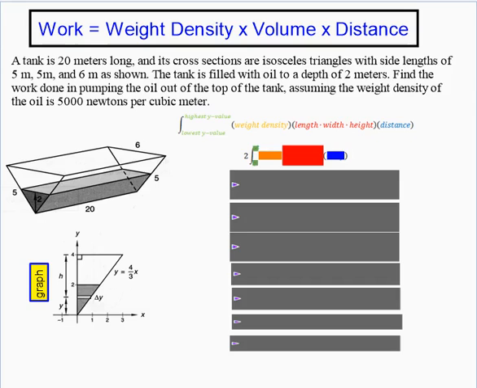Let's talk through this though. We can see that we have this triangle here. Let's try to look at the end of this tank. We have a triangle. Oops, I didn't draw that very well.